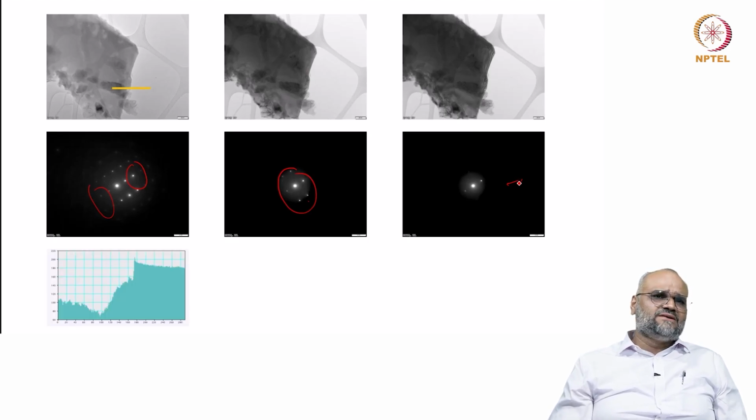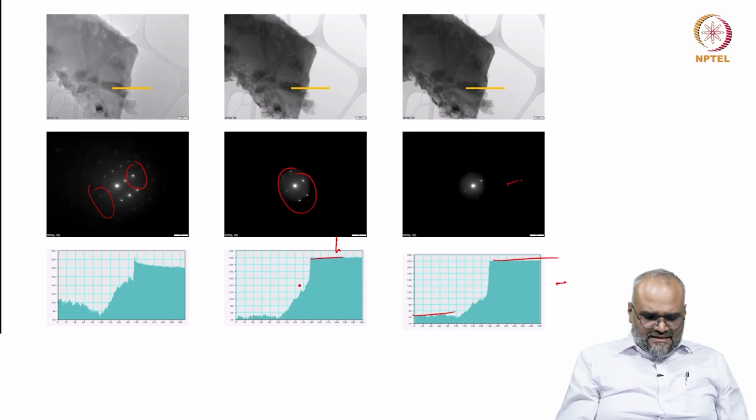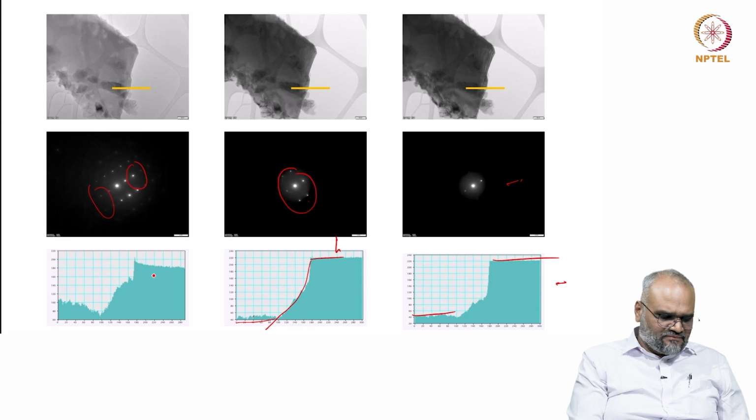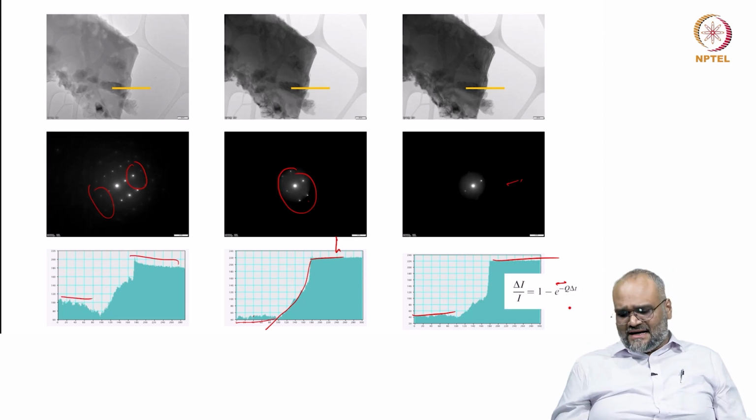If I look at the histograms across these three features on this image, the difference between the brightest and the darkest regions is prominently more here than here. The slope is slightly changing over here. So you improve the contrast, but you also lower the resolution a bit.